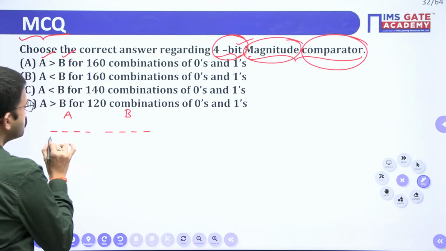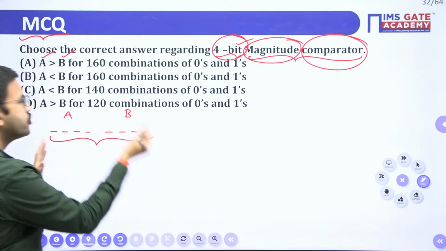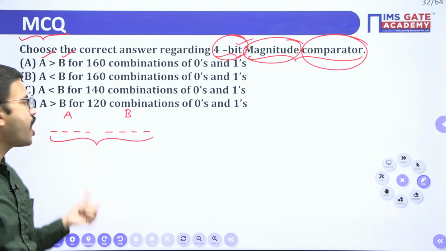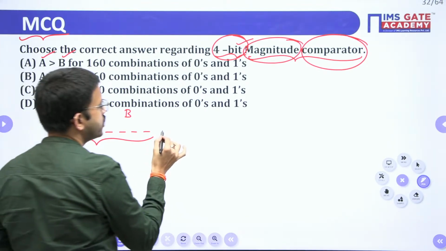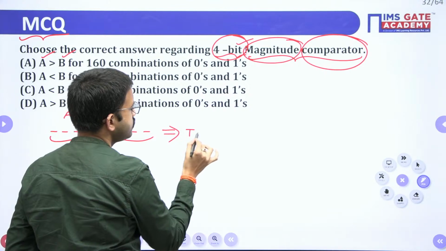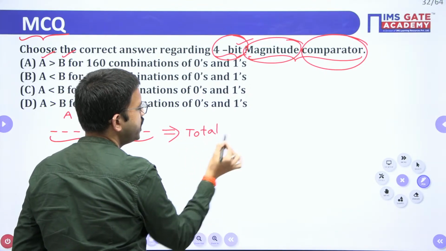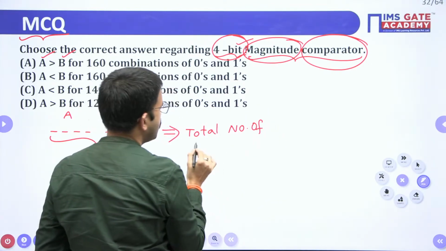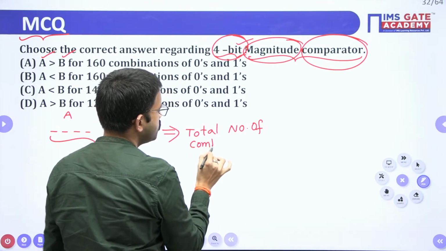So together you are having 8 bits. That means here at the input side, how many combinations of zeros and ones will you get? Since you are having 8 bits, what is the total number of combinations of zeros and ones?